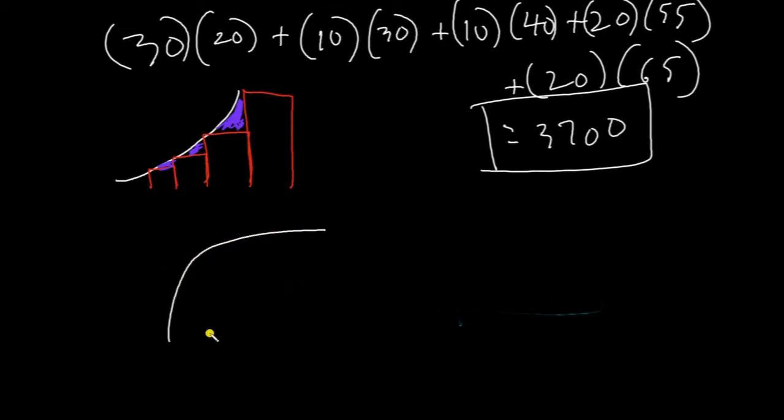But now let's look at what happens if the function is decreasing. Right? If we're using our left Riemann sum, that is not a function that's decreasing. Let's try again. There we go, that's a function that's decreasing. So now if we were to do another left Riemann sum for this, we'd have something like this. Right?